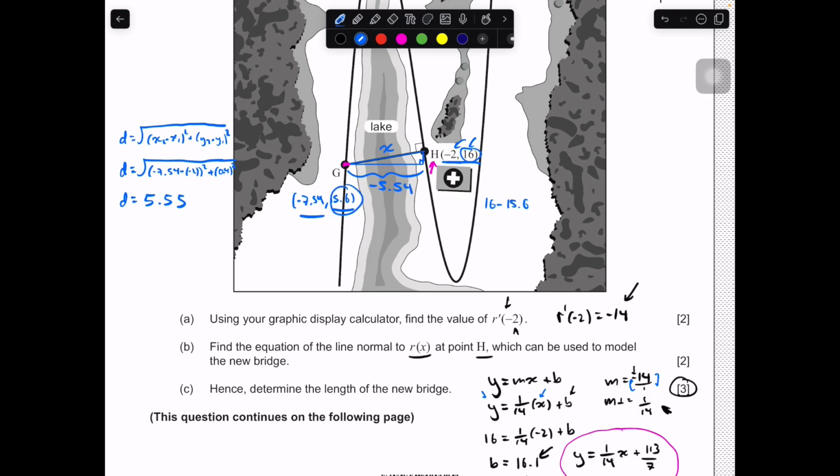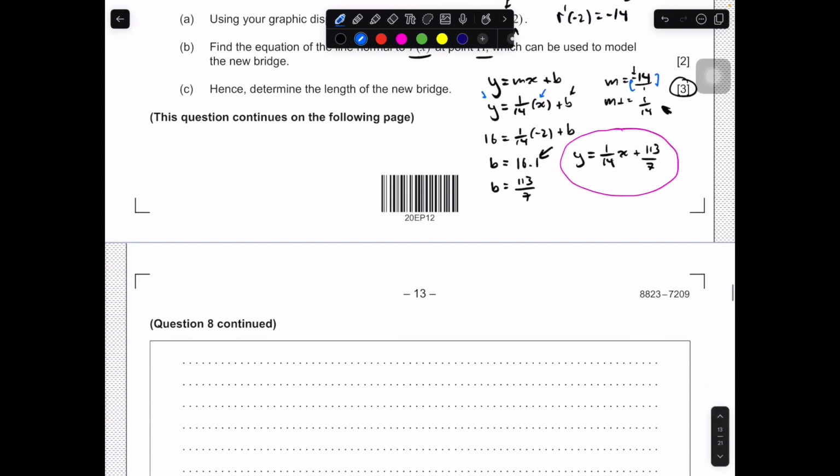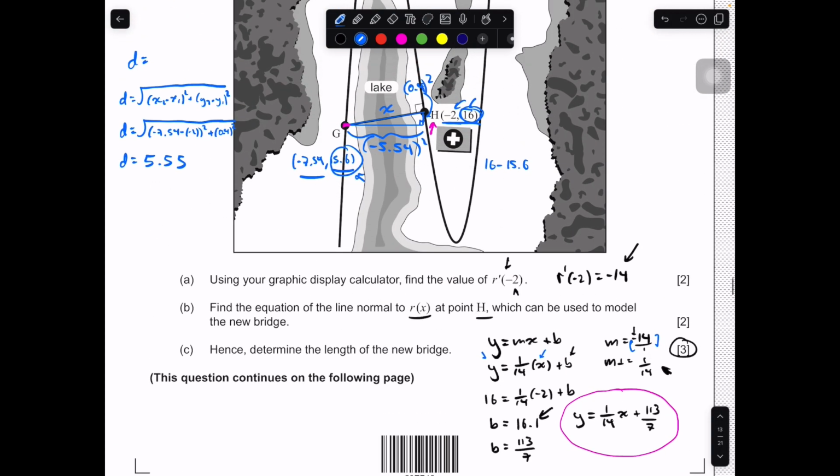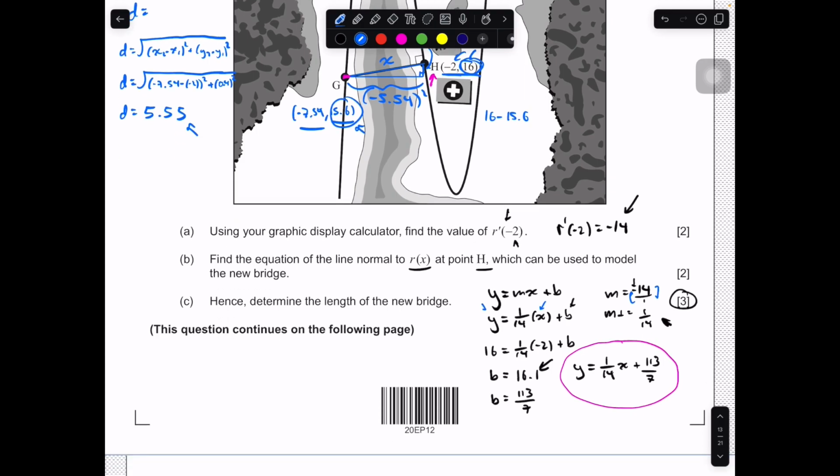Similarly, if we're at 15.6 and we travel up to 16, these being both y values, that means this value right here is only equal to 0.4. 0.4 squared, 5.54 squared, and then you can use your Pythagorean theorem. Add those together and take the square root. Okay, and so final distance in the end is 5.55 kilometers.